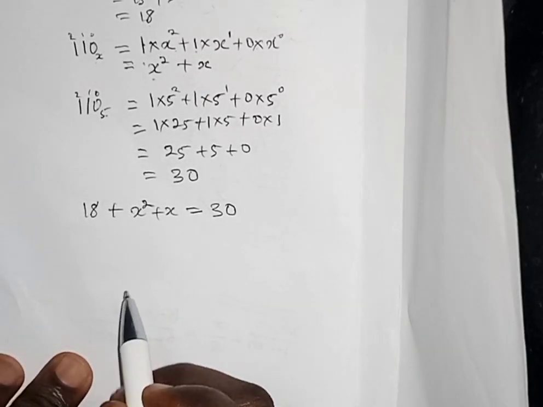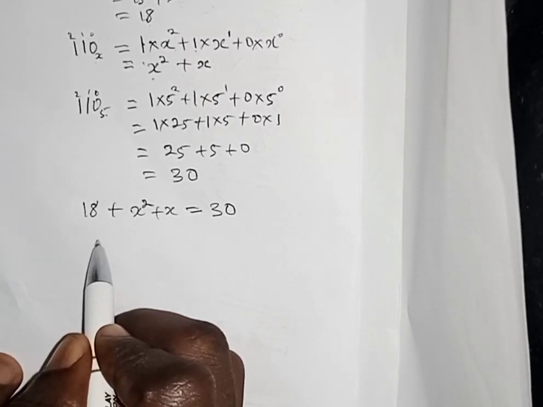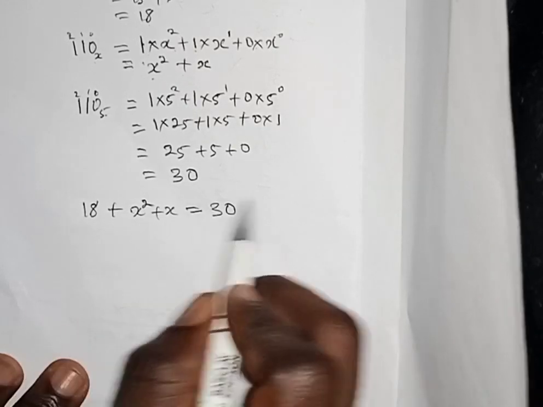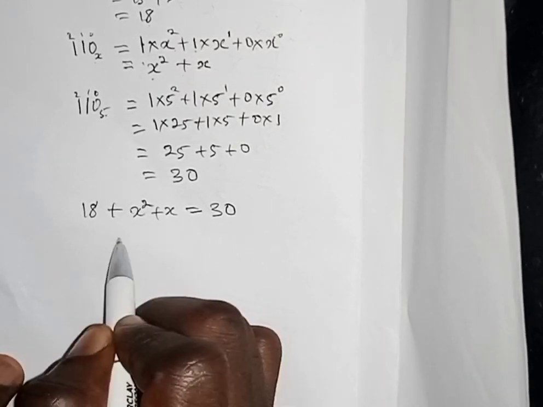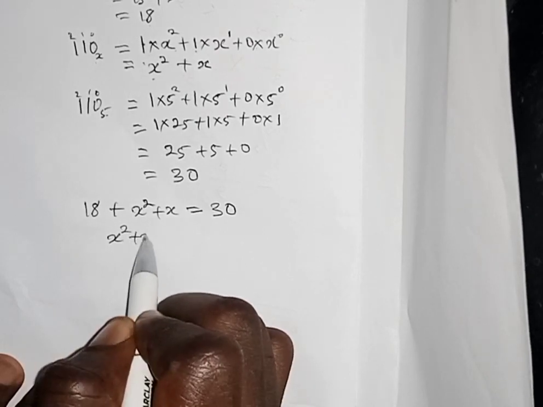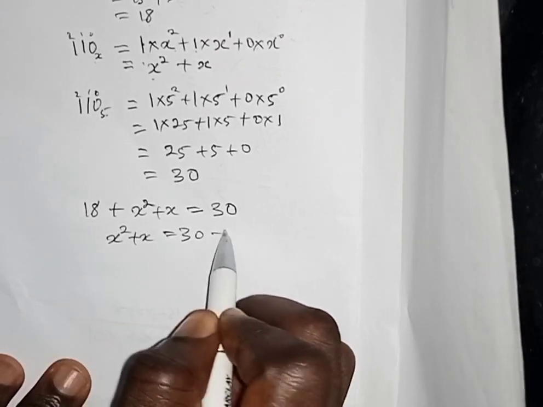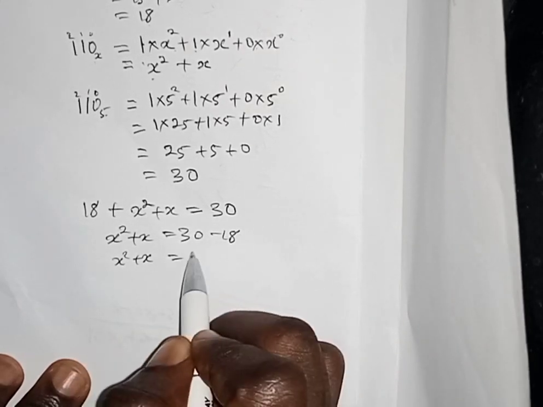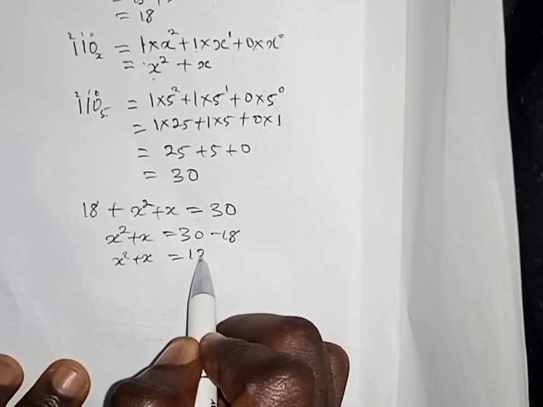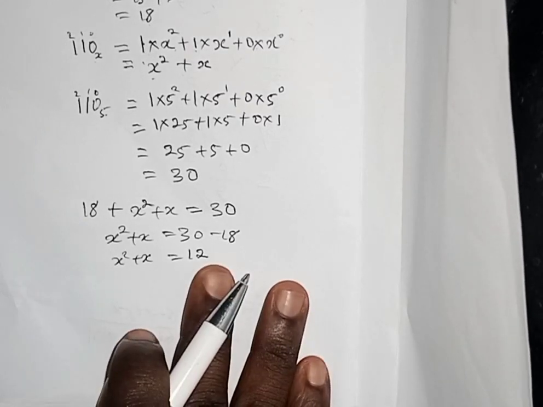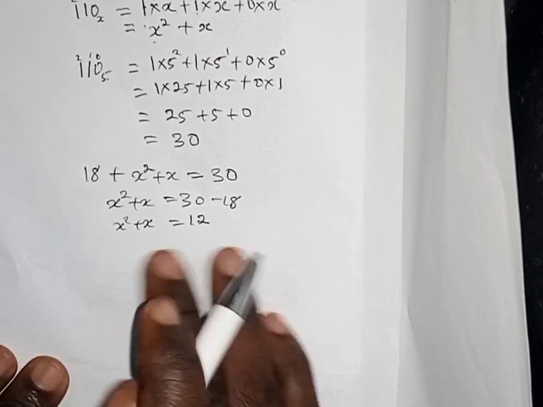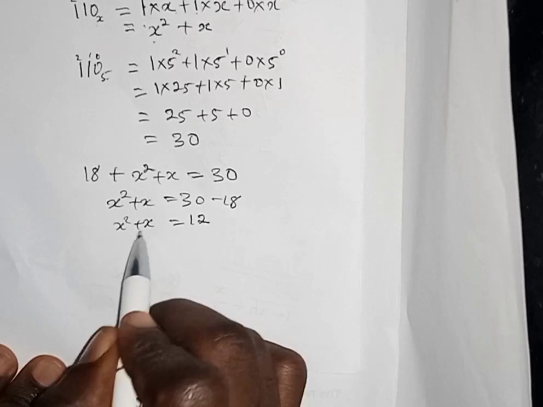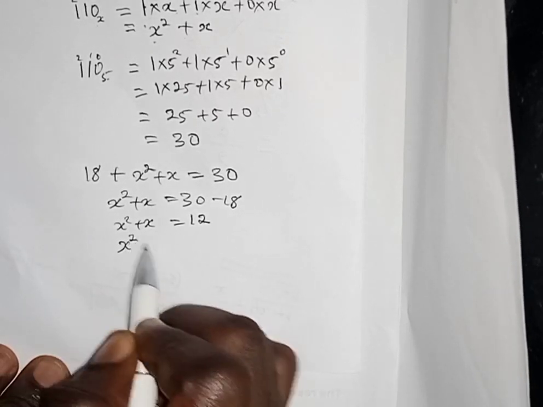So this is the new equation. I can collect like terms, and I'll have x squared plus x is equal to 30 minus 18. So 30 minus 18 is 12. This is what I have, and moving further to solve, I can bring this one to the left hand side.